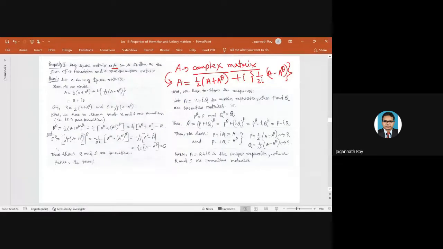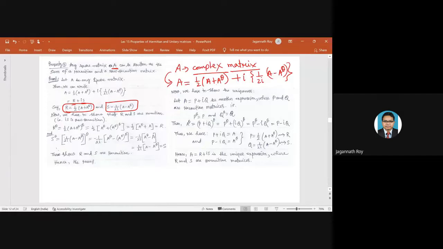Or in simple words, we can write it as R plus IS, where R equals this one and S equals this matrix. Now the claim is that R is a Hermitian matrix and S is a skew Hermitian matrix.